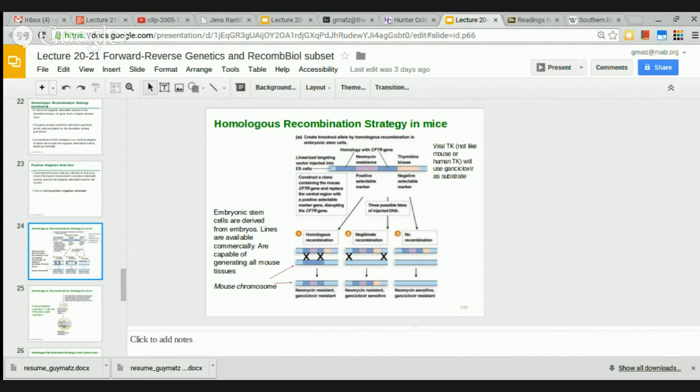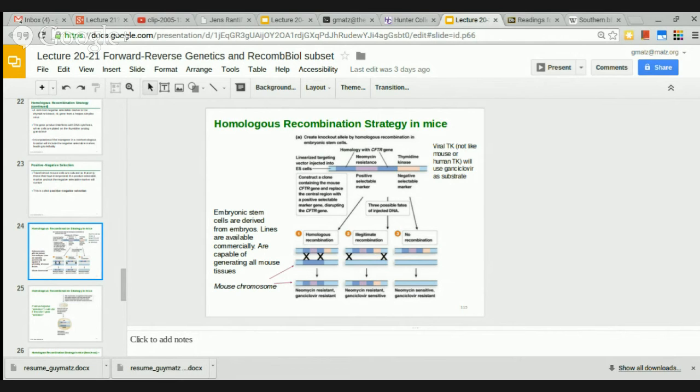So here we take this linear piece of DNA and we inject it into, in fact, this is a case where we actually electroporate into cells. What we use in this case are embryonic stem cells. They're derived from embryos. It's basically taking a mouse embryo and breaking it apart into single cells. And all those cells are pluripotent. They're able to generate all kinds of tissues.